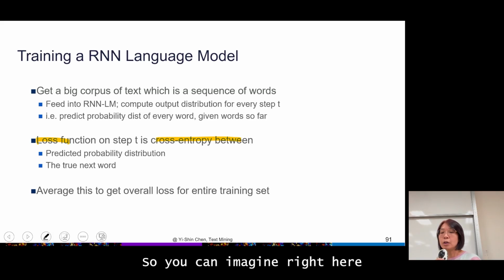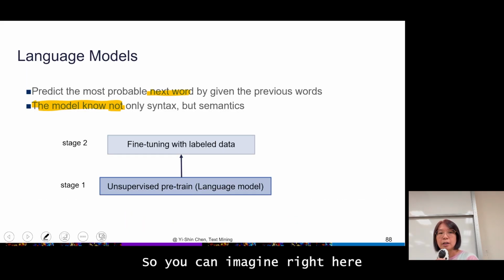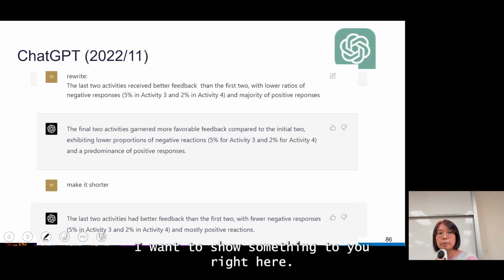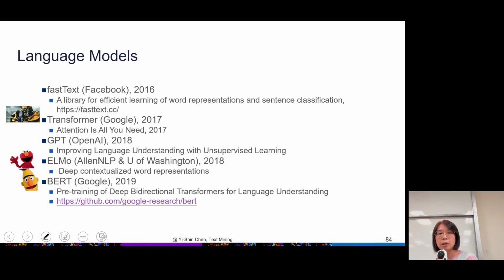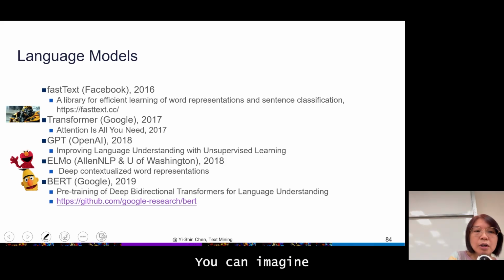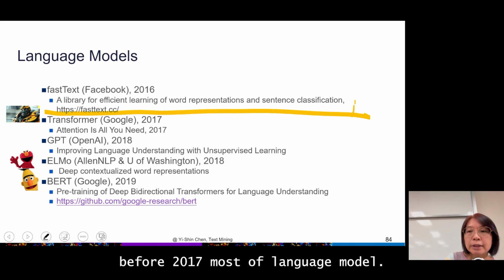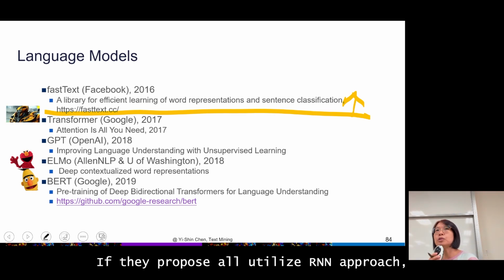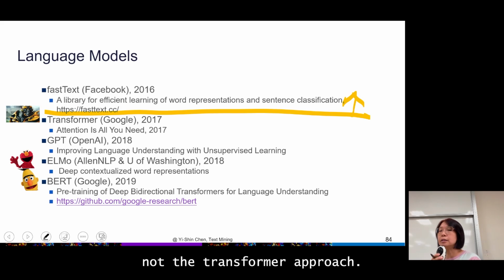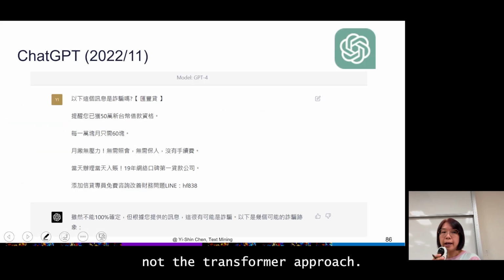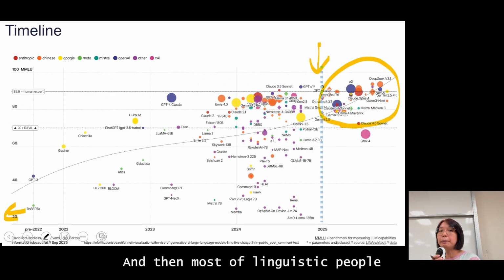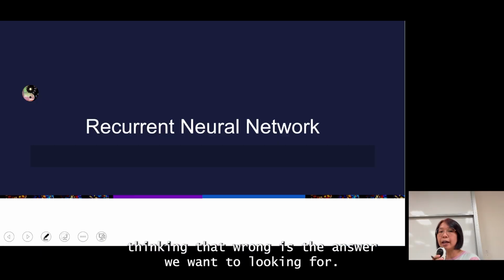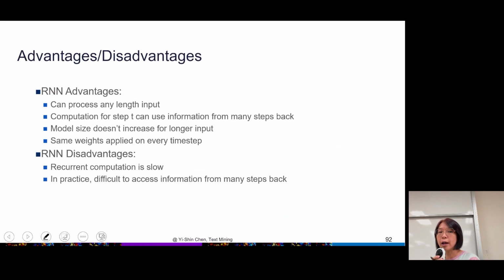So far so good? I want to show you something. Before 2017, most language models, if proposed, utilized the RNN approach, not the transformer approach, and most linguistic people thought RNN was the answer we were looking for.